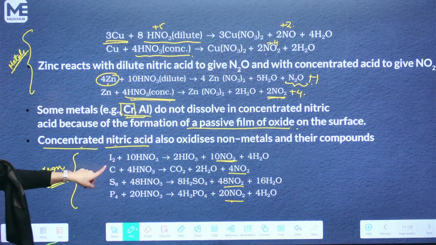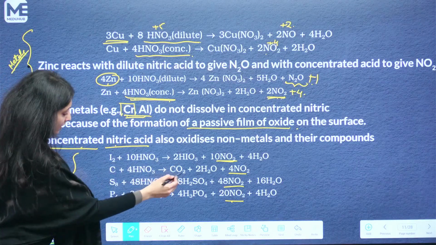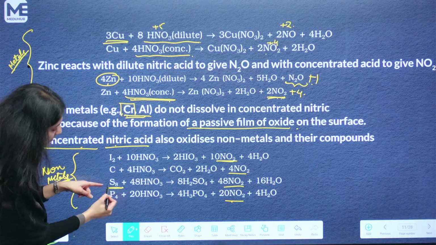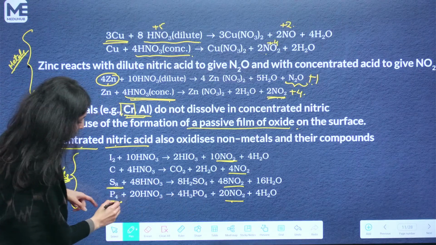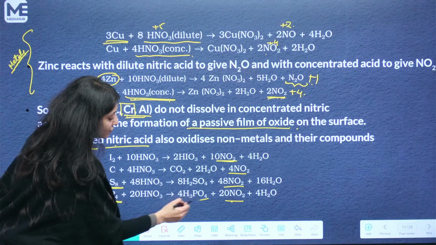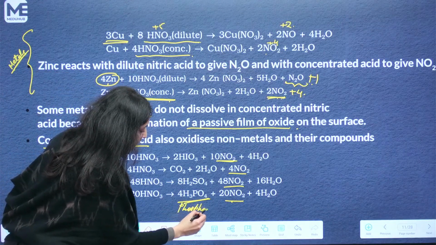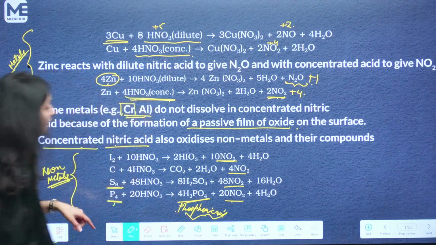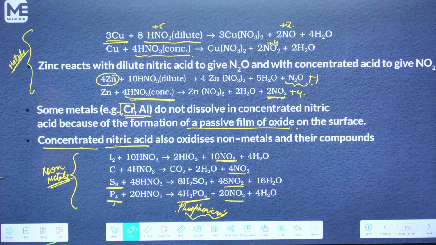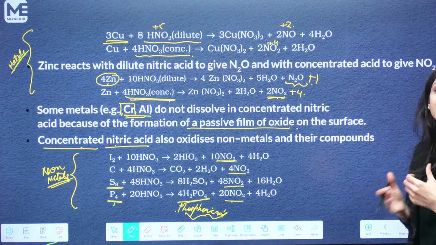So with iodine we get iodic acid, with carbon we get carbon dioxide, with S8 that is sulfur we get H2SO4, and with P4 that is white phosphorus we get H3PO4 or phosphoric acid. So these are the reactions of HNO3 with metals and non-metals, and HNO3 is an oxidizing agent.